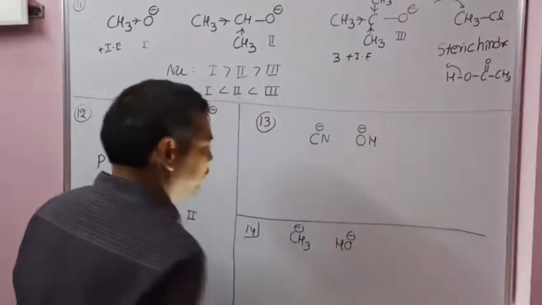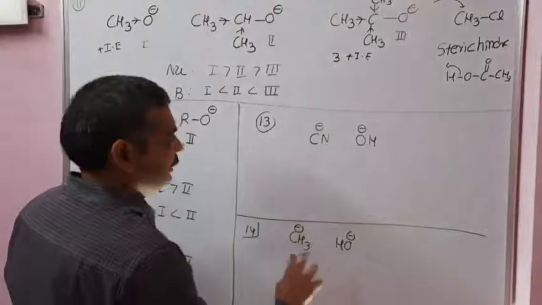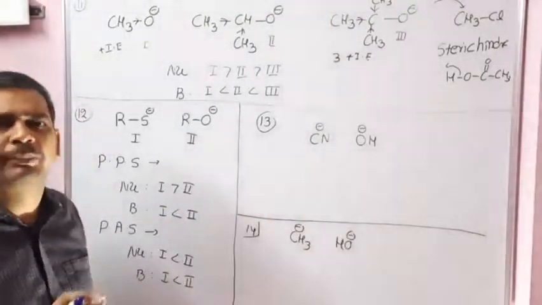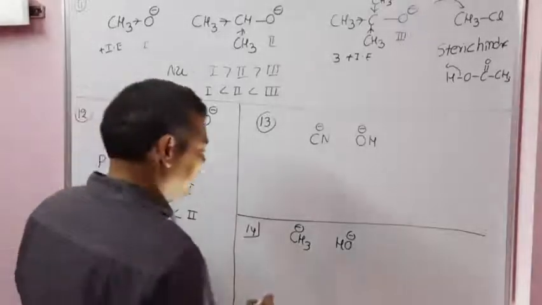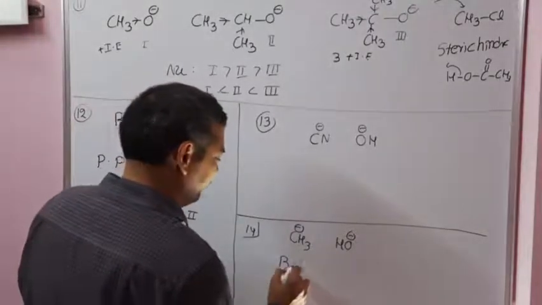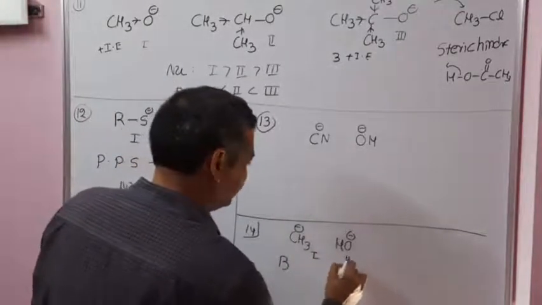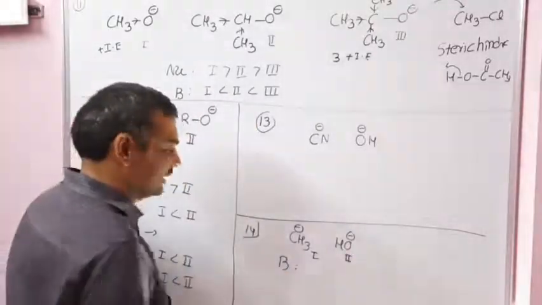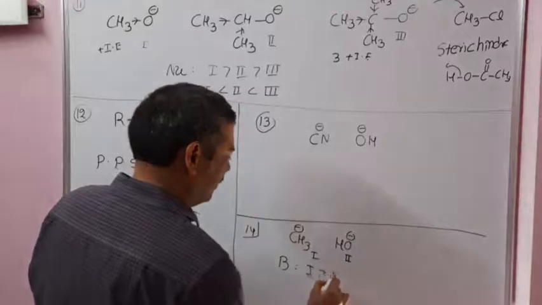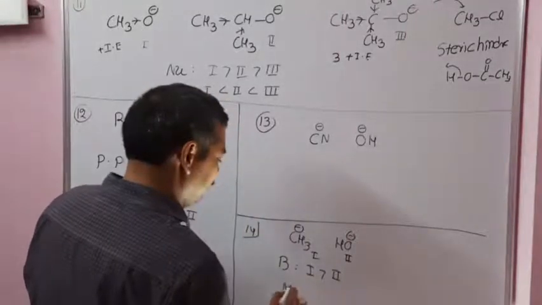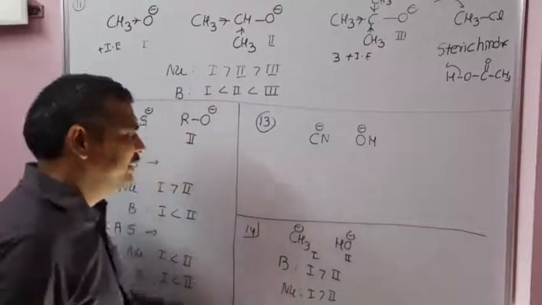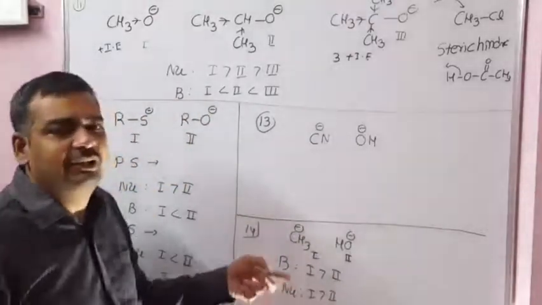These two are in the same period, so no solvation effect; protic and aprotic solvents are the same. This is 1 and this is 2. Basicity decreases from left to right, so basicity of 1 is more than basicity of 2, and nucleophilicity of 1 is more than nucleophilicity of 2. Since these are hydrides, you can directly write like this.